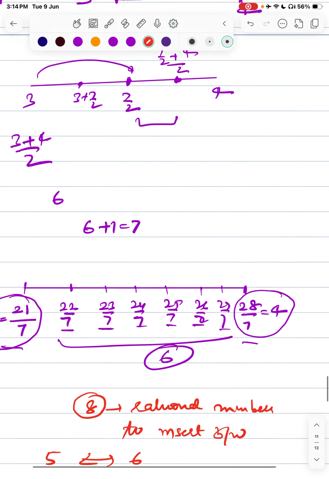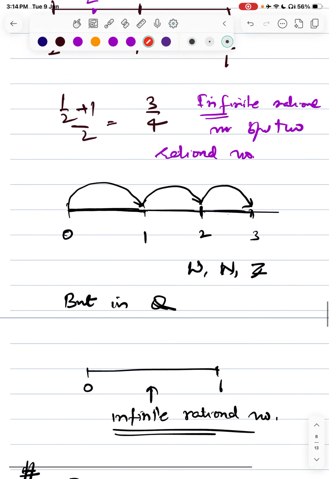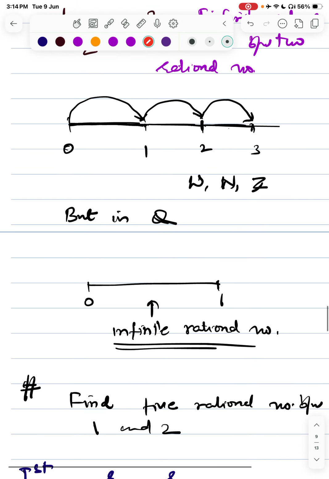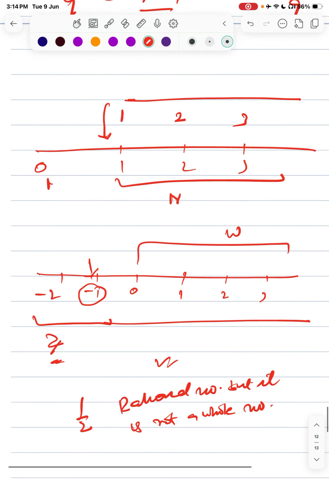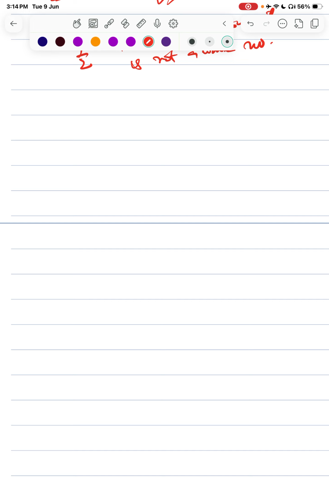So this is about the number line: how we visualize the number line, how natural numbers, whole numbers, integers, and then rational numbers look, how they are related to each other, how many numbers are between any two natural numbers, whole numbers, integers, or rational numbers, and how they differ from each other.